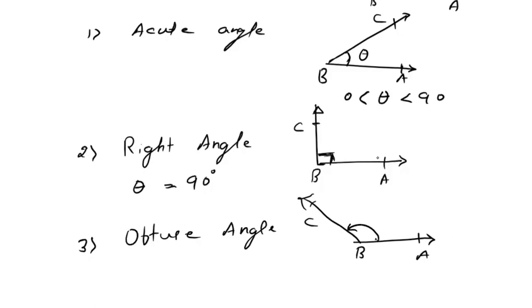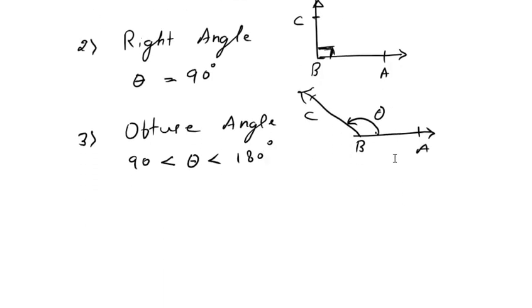You can use a protractor to get an idea about which angle is less than 90 degrees, equal to 90 degrees, or greater than 90 degrees. For an obtuse angle, suppose this angle is theta, then theta is more than 90 degrees and less than 180 degrees. Fourth is straight angle.